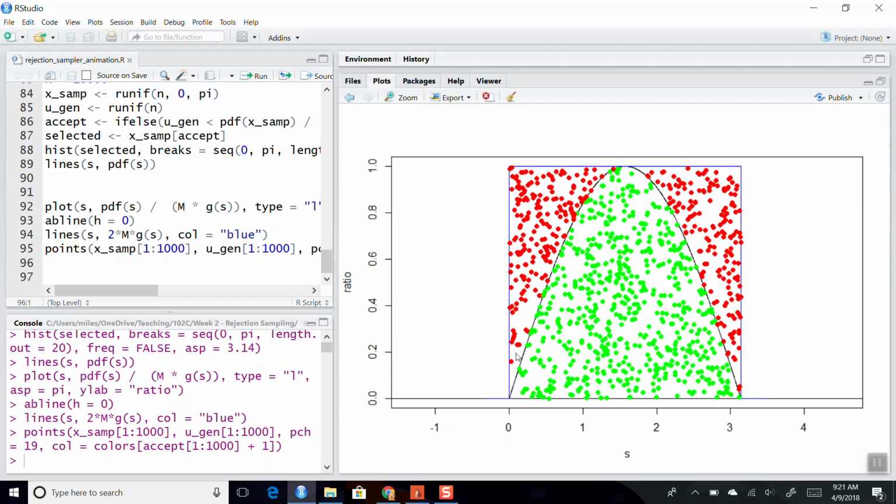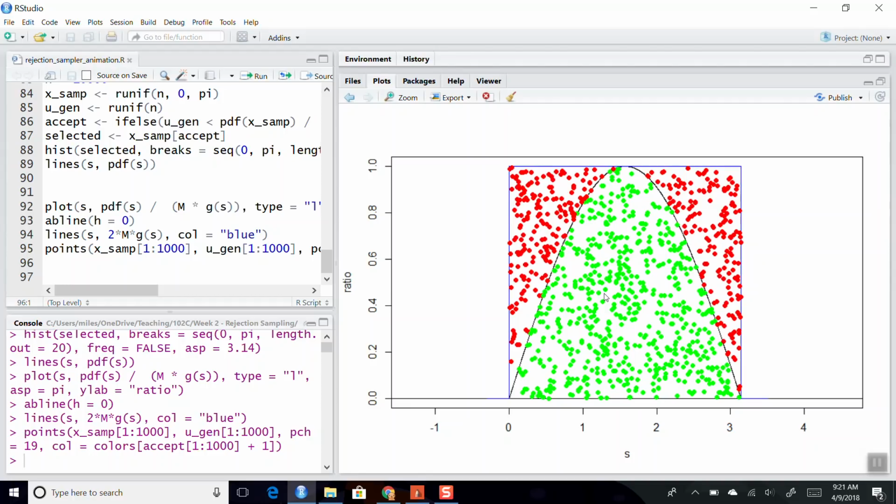Depending on what your thing looks like, if the envelope, your proposal distribution, has a severe mismatch with the desired PDF, you're going to be throwing away a lot of samples. But this is just to give you the idea of rejection sampling.